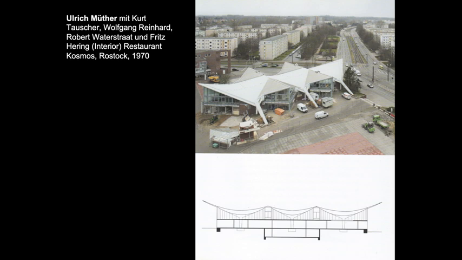And this is very typical work for Ulrich Müther, a restaurant in the residential area. And the residential area is just made out of these prefabricated system buildings, looking very uniform and monostructured, and this VEB Spezialbau made this very special and very interesting building inside to have a light up or something else like that.